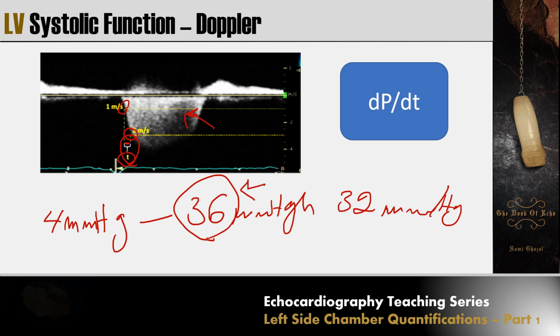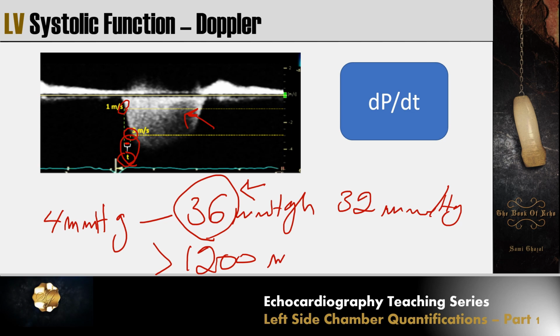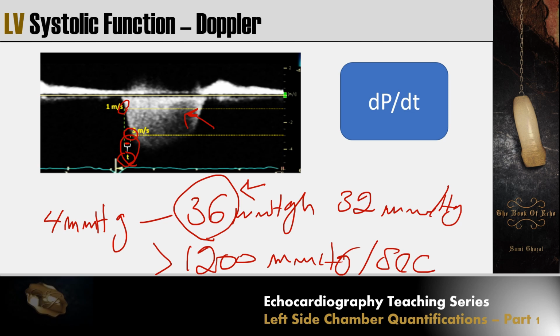This is why this measurement is really independent of the pressure in the aorta, because it is way below the aortic pressure, so it is relatively load independent. And the normal should be more than 1200 millimeter mercury per second. If it is below this, it will indicate LV contractile dysfunction.